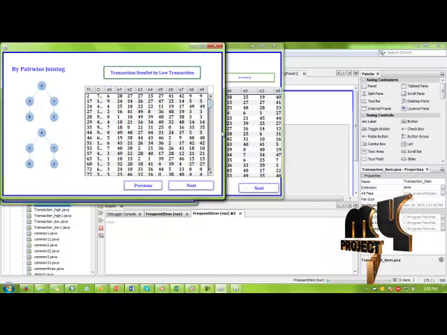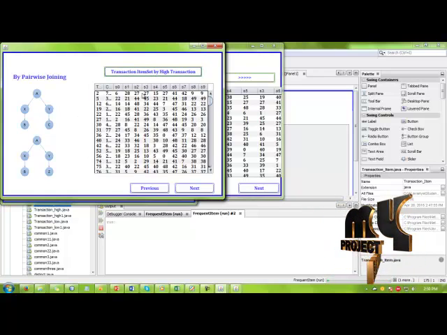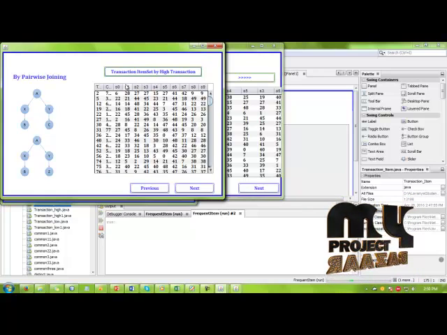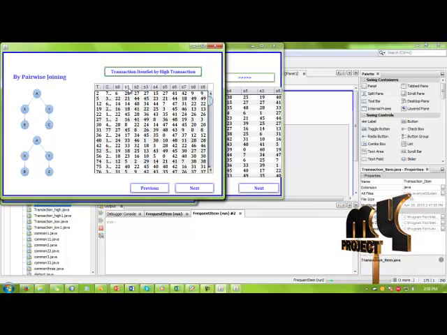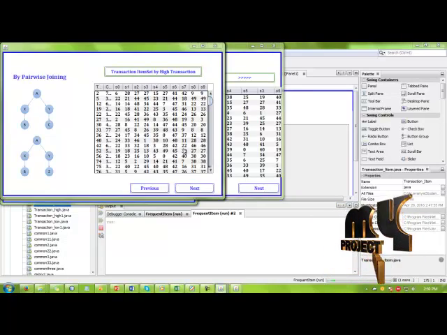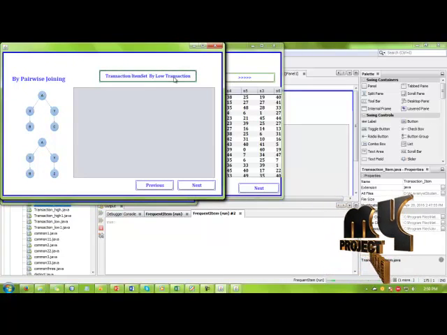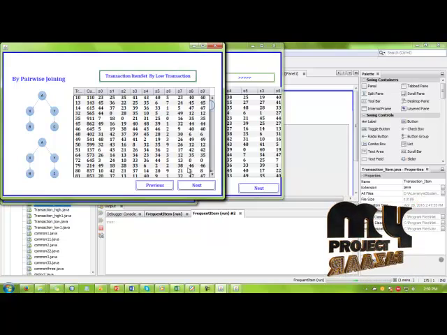Likewise, we find for low also. After that, here we filter the maximum, for S1, S0 to S4 with high transaction. These 4 particular products are highly bought by the users. After that, we find for low.